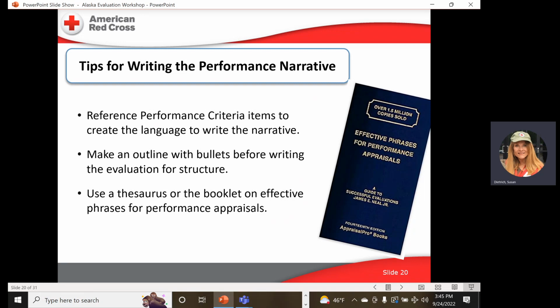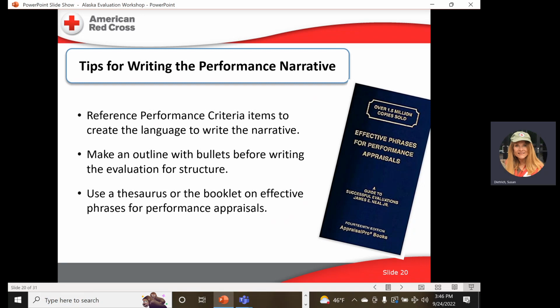I'm not going to write similar things on all of their evaluations, because of course they're going to compare them, and then they feel like it's generic, that you either didn't really know what they did, or you didn't really care what they did, or you didn't have enough time to devote to really addressing who they are and what their goals are.